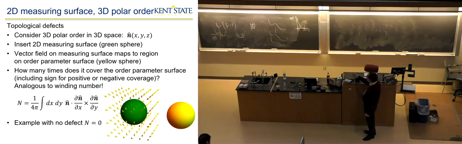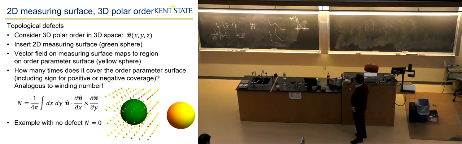If you don't look at the green sphere, you just look at the yellow arrows, this is some director field. There's a vector at every point as a function of x, y, and z. Now suppose we want to sample what's happening in this director field everywhere on the green sphere. I put in a green sphere to be my measuring surface.